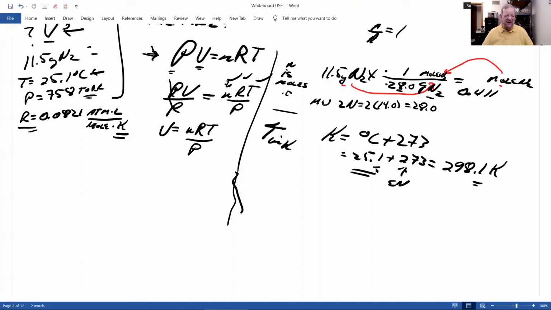Am I done? No, I need pressure. And if we look at R, the units for pressure in that is atmospheres. So pressure has to be in atmospheres. And now I'm going to say, well, I have 758 torr.